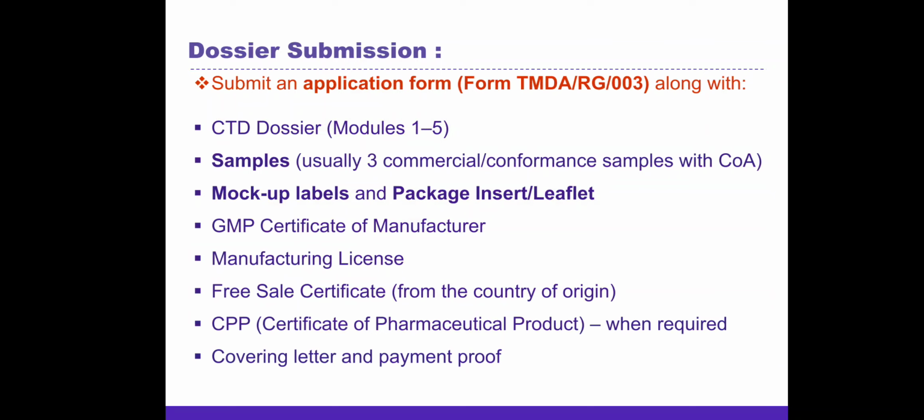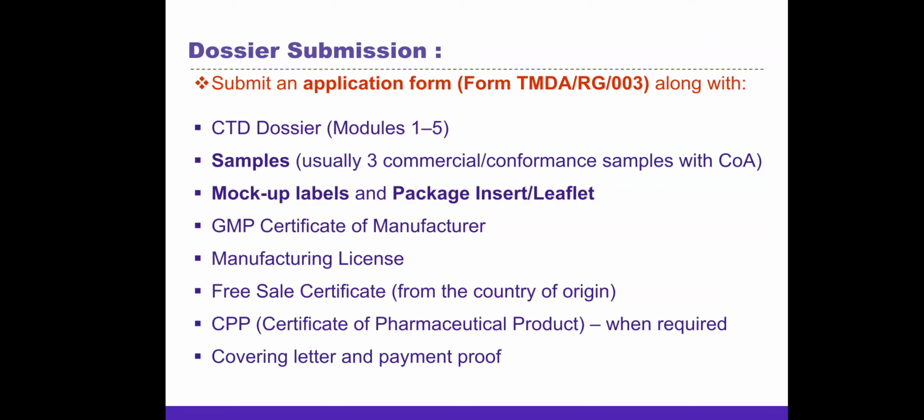Also we have to submit the sample, usually 3 commercial or conformance samples with COA, to TMDA. Then we have to also submit mock-up labels and package insert and leaflet. We have to submit GMP certificate of manufacturer, then manufacturing license, then free sale certificate from the country of origin.